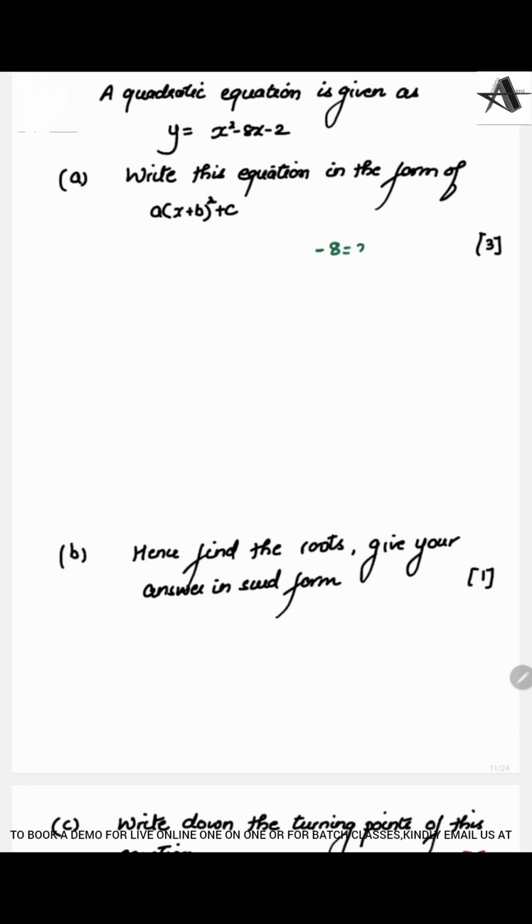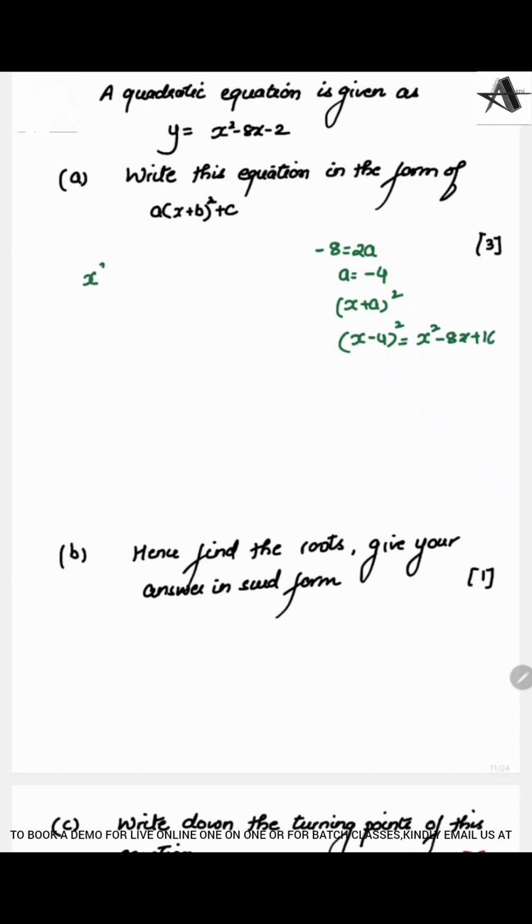So equate this to 2a, sorry, not a, 2a is equal to negative 8, so a is negative 4. Now replace this value because we want x plus a whole squared. So replace a with negative 4 because we have calculated negative 4 here, and expand this. You'll get x squared minus 8x plus 16.